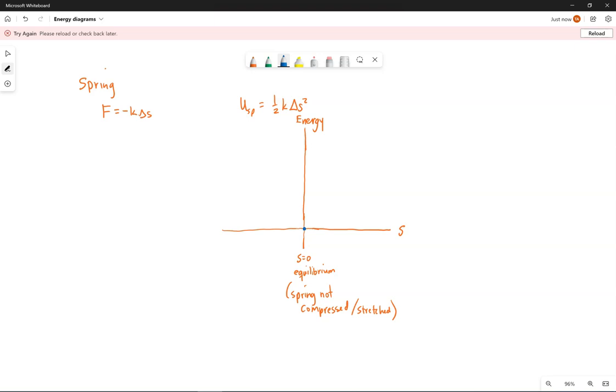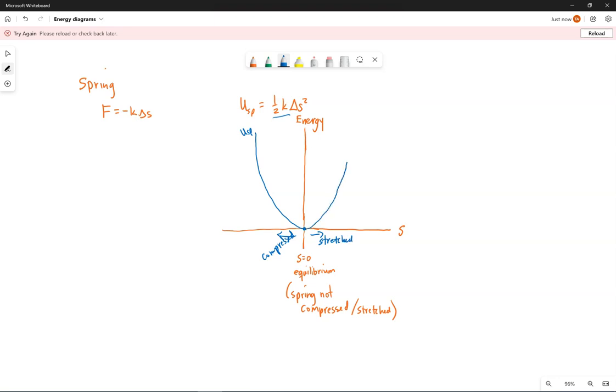Okay, so if S is 0, this spring has no energy. If the spring is compressed, the energy gets bigger and bigger, but it's parabolic because the energy the spring has is related to S squared. So my potential energy of the spring increases parabolically. But the same is true if the spring is stretched.